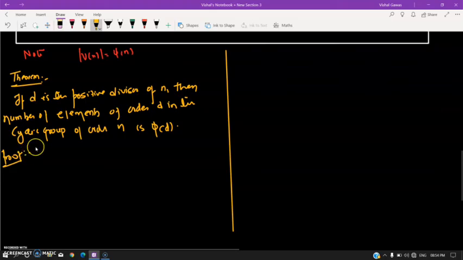So if we look at a cyclic group, then the number of elements of order d would be nothing but phi of d. Let's quickly get the proof out.